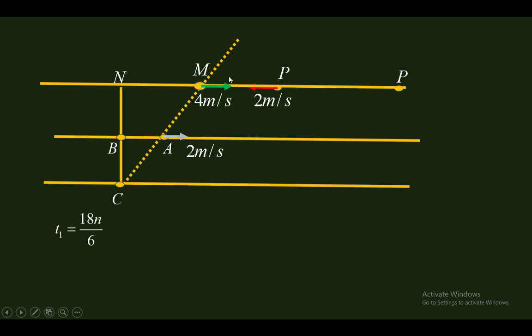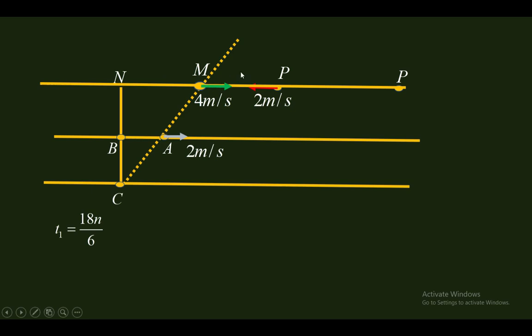Initially the first pole was 18 meters apart, the second pole at a distance of 36, the third at a distance of 54, and so on.